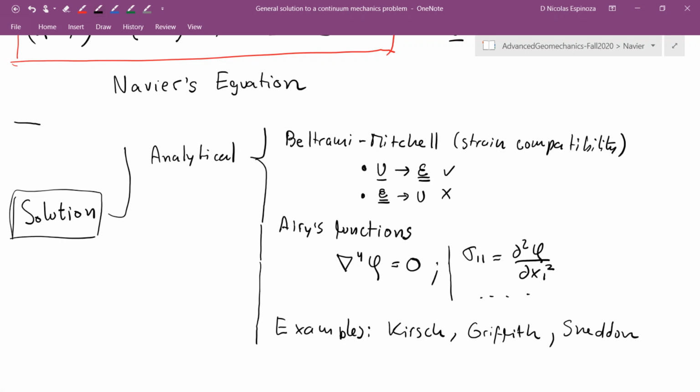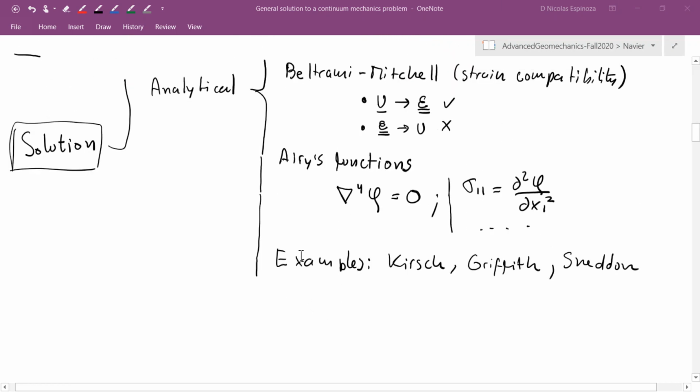What we are going to do, and what you're probably going to do later in your professional life, if you get to work in geomechanics, is to calculate numerical solutions.